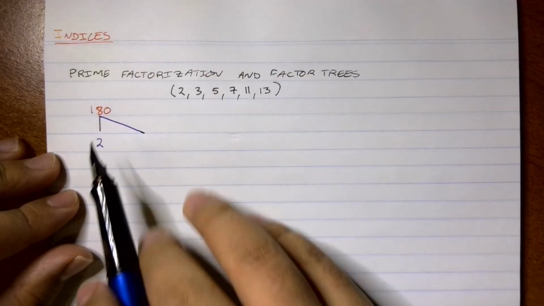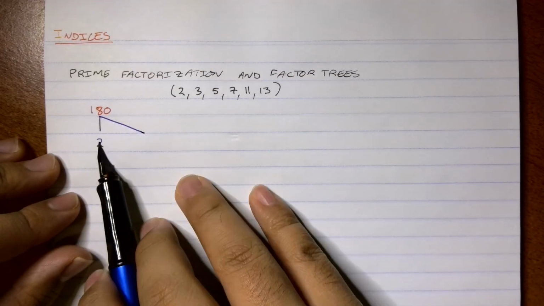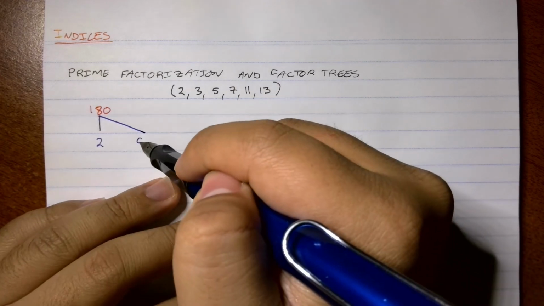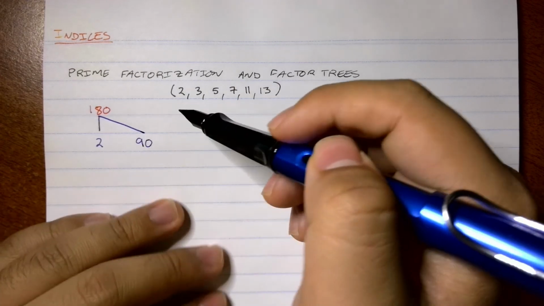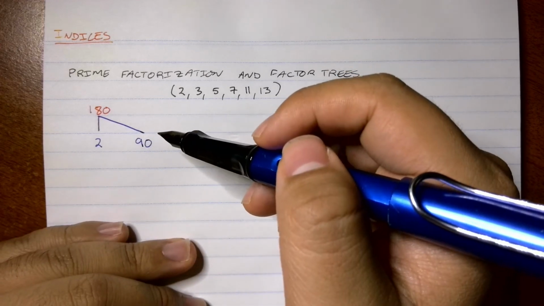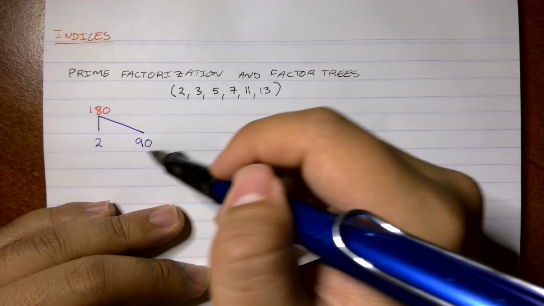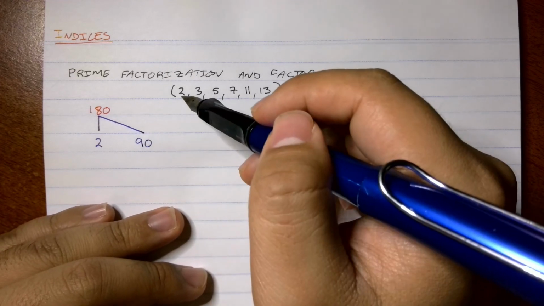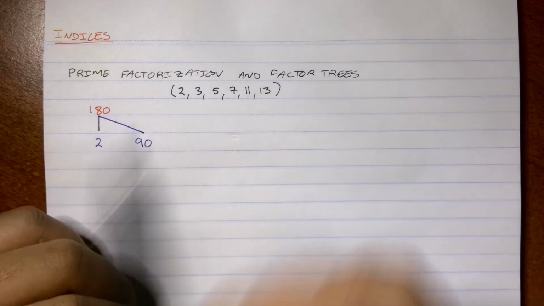Well, since I know that 2 times 90 is 180. And then from this number we keep dividing it by the number 2 until we can no longer do it.